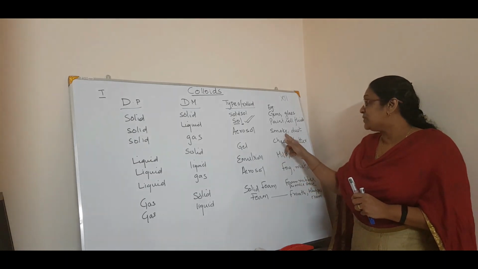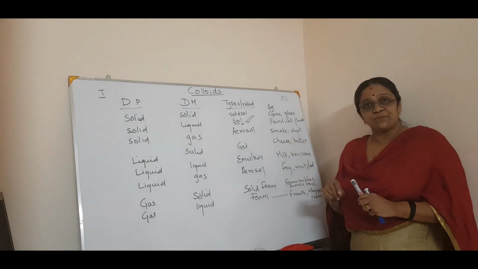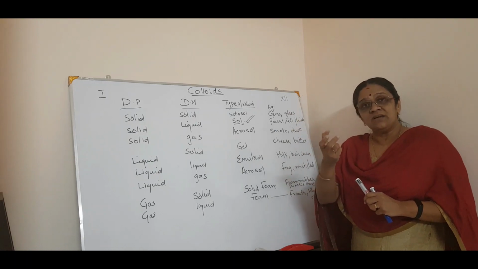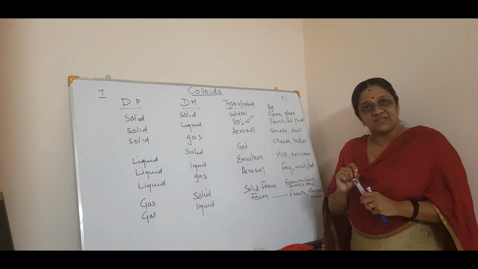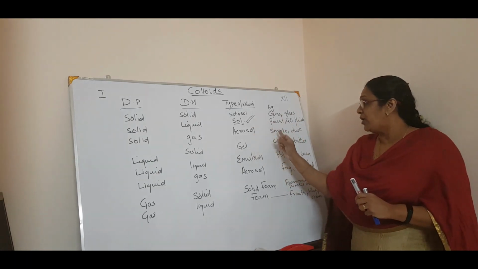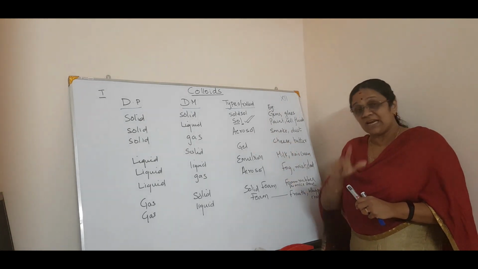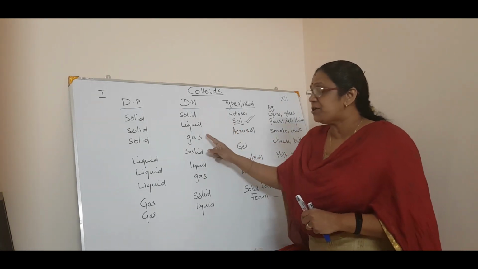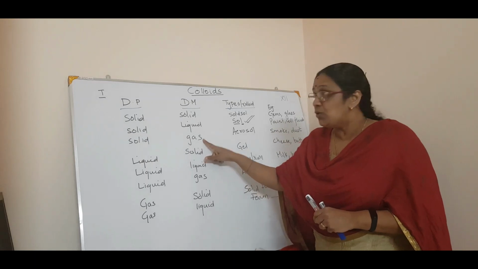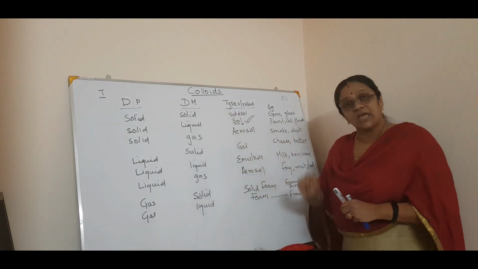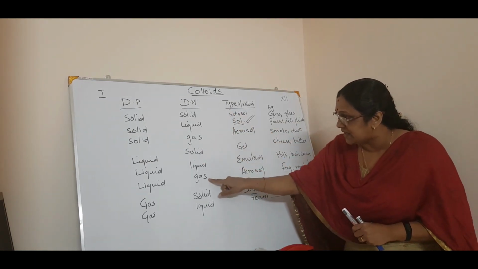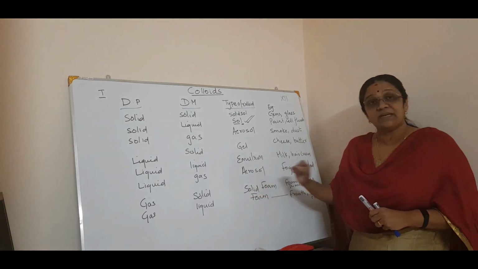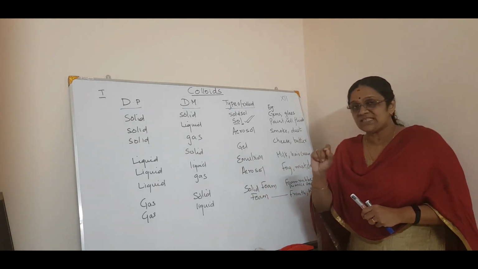And examples you see, smoke and dust. Smoke and dust means in the atmosphere the solid particles are there, isn't it? So that type of colloid is called aerosol. And remember, whenever the dispersion medium is a gas, you call that type of colloid aerosol. Okay, please remember that.